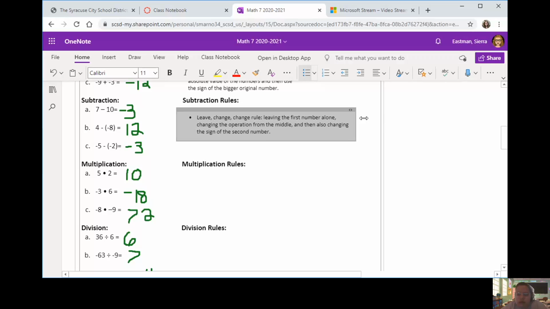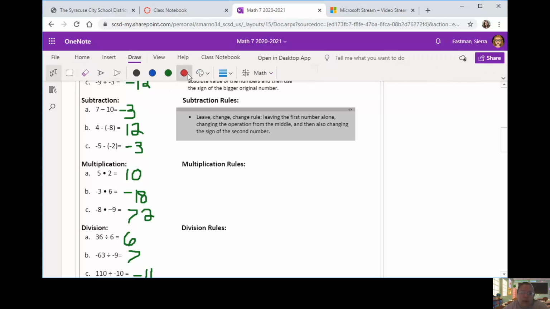So let's see how that's working. We have a 7 here. We leave it as a 7. But we can change that subtraction sign to a positive. Okay, so I would have 7 plus, and then my positive 10 would be changing to a negative 10.